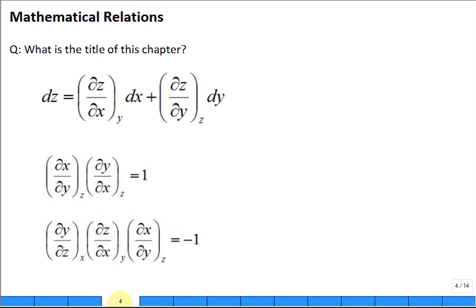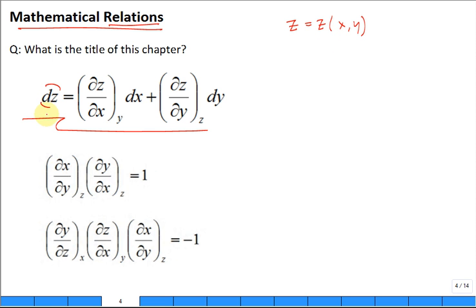So the title of the chapter may not seem all that impressive, but they're mathematical relationships. This is the chain rule. Do you recognize that? So if you had a function z dependent on x and y, then you could say, how is a small change in the output related to small changes in the inputs, x and y?